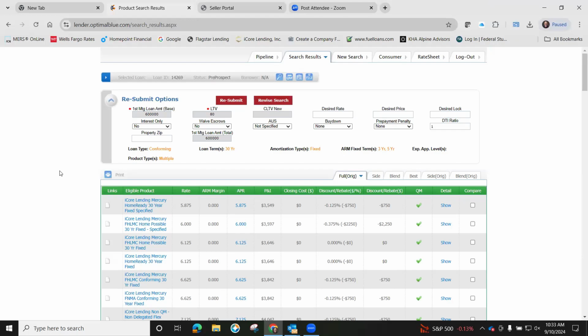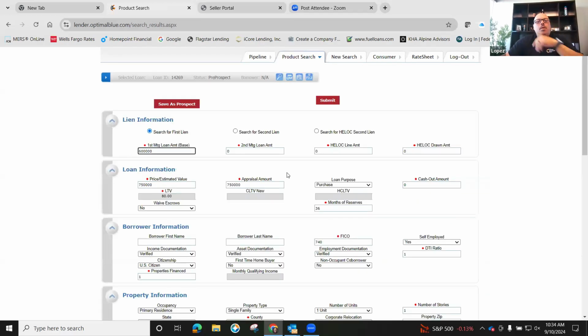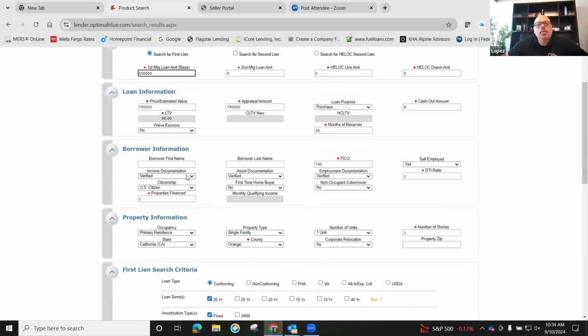Okay, thank you. I was just going to ask if you can put the same scenario with the ITIN as an ITIN borrower. Yeah, so I am going to go here. We're still staying with the same loan amounts. All right, borrower, income verification.